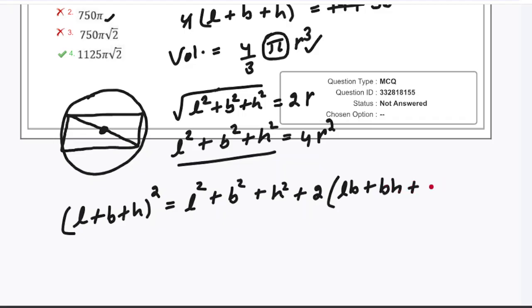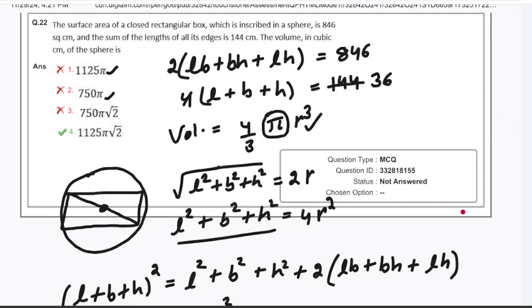In case of a cuboid, A is equal to L, B is equal to B, and C is equal to H. Now L plus B plus H, the value we have is 36, squared. L square plus B square plus H square is equal to 4R square, plus 2 times LB plus BH plus LH, that we have as 846.